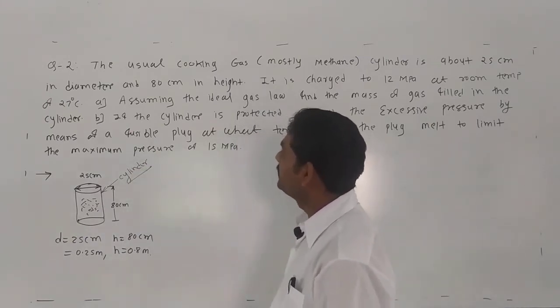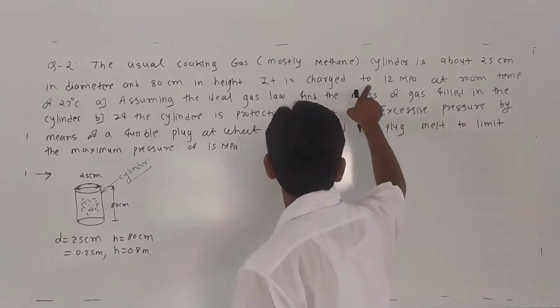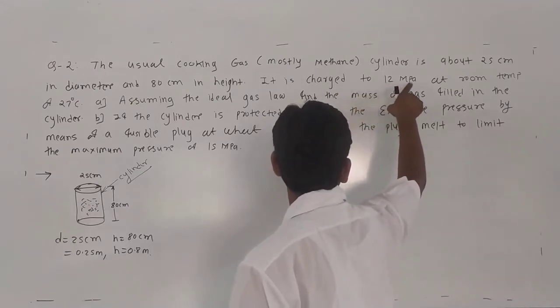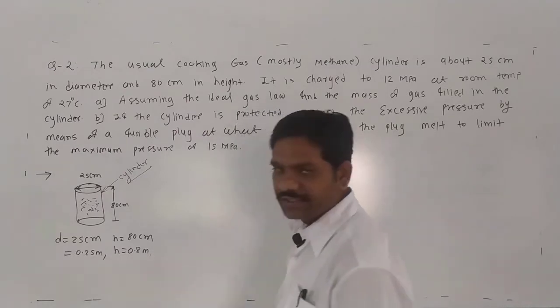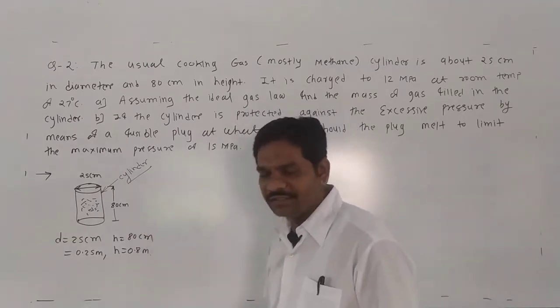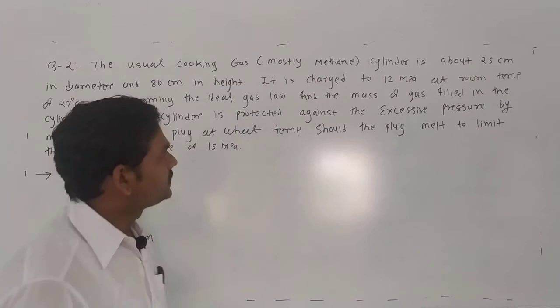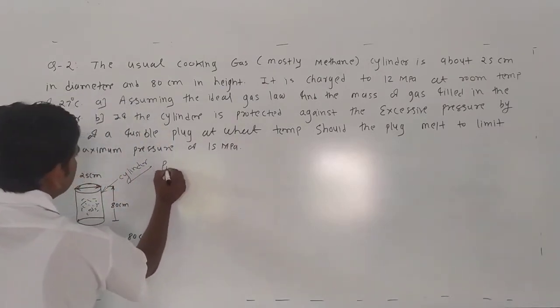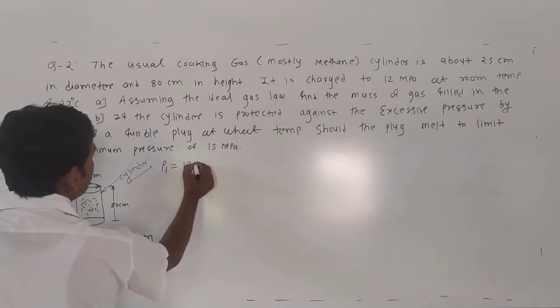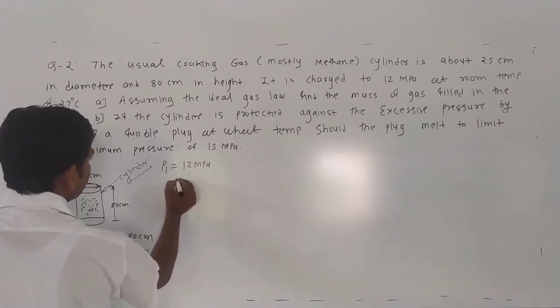Okay. Then it is charged to 12 megapascal at a room temperature of 27 degrees Celsius. Means the methane gas is charged here. After charging, what pressure is gained there? The value of the pressure is P1. It is 12 megapascal. Okay.